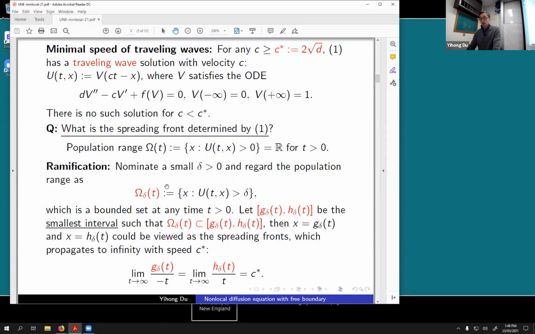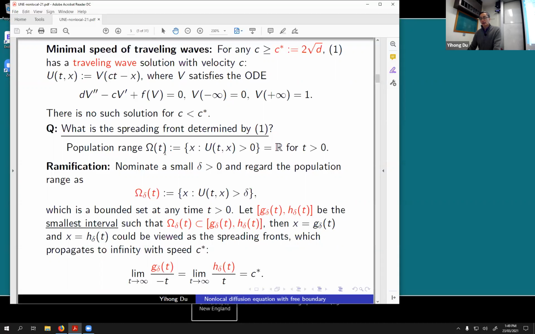So what people do, well, you nominate a small number delta, and you look at this set. In mathematics, because U is the population density, the population range at time t would be the set of X where the population density is positive, right? So you look at this set, that's the population range, or the infected region if the population is a virus.